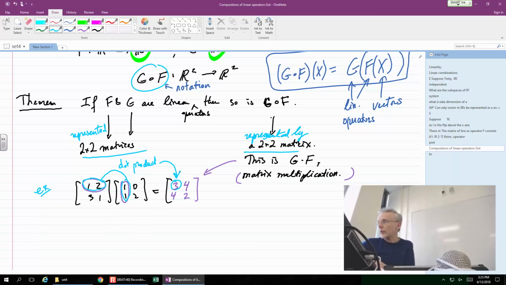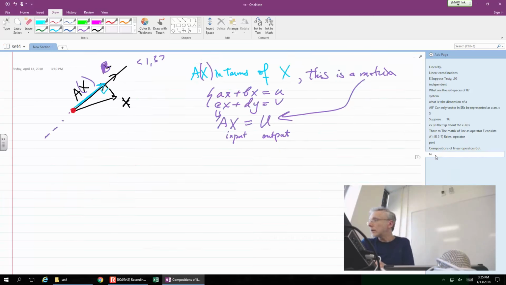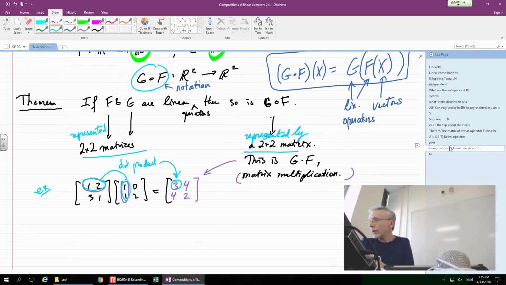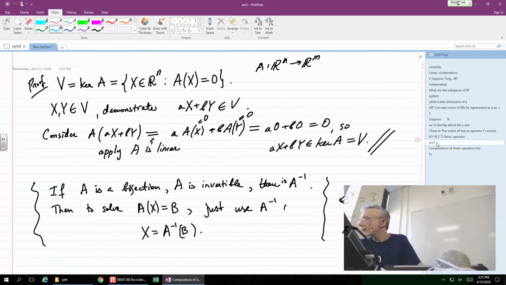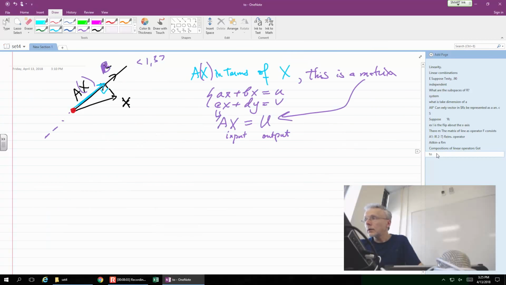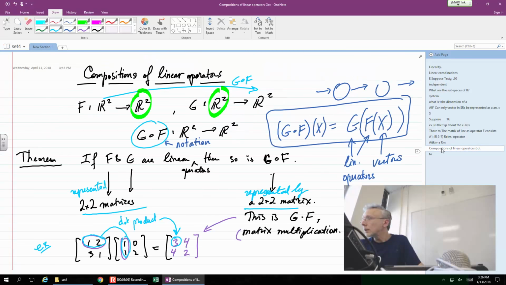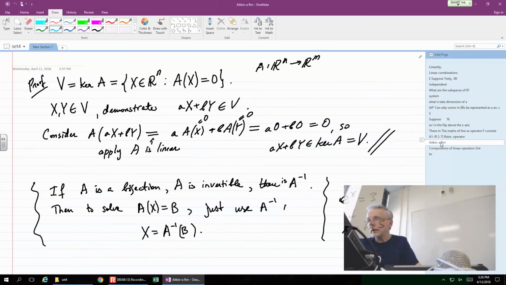So we'll get back to that, but we'll continue with this. We need to discuss the issue of why we care about compositions. Well, let me say that again.